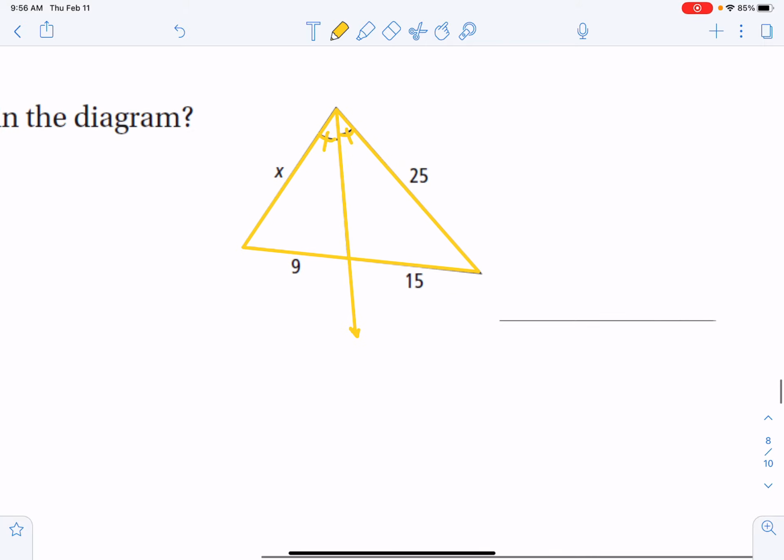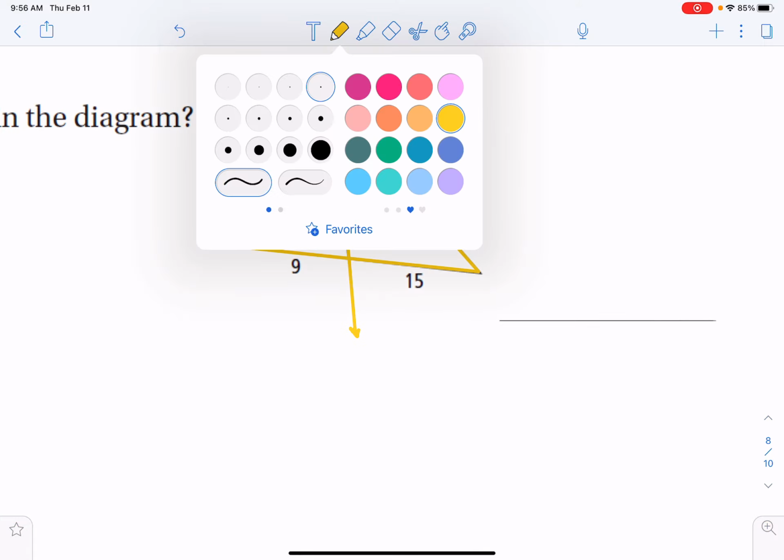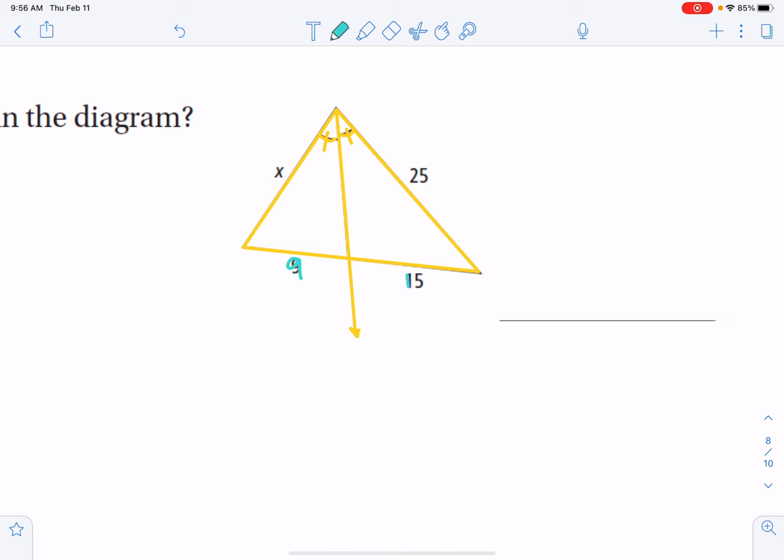So that means that 9 over 15 is equal to x over 25. So left to right on the bottom, and then left to right on the sides of the triangle, or the top of the triangle. So that equals x over 25, and then cross multiply and solve.